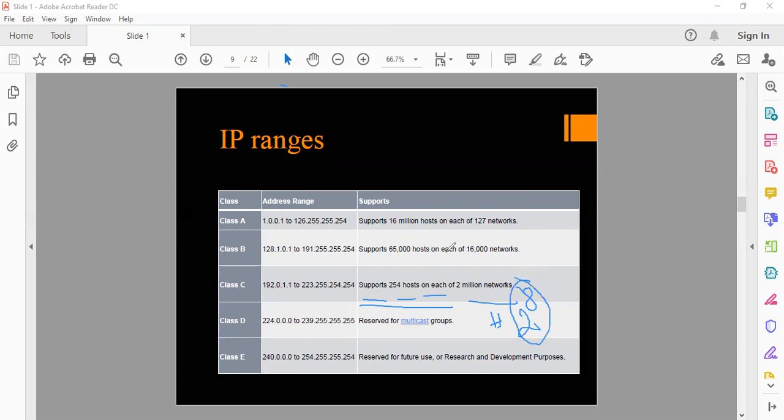If you multiply these values, 2 multiplied by 2 multiplied by 2 multiplied by 2 multiplied by 2 multiplied by 2 multiplied by 2 multiplied by 2: 1, 2, 3, 4, 5, 6, 7, and 8. Multiply these values.